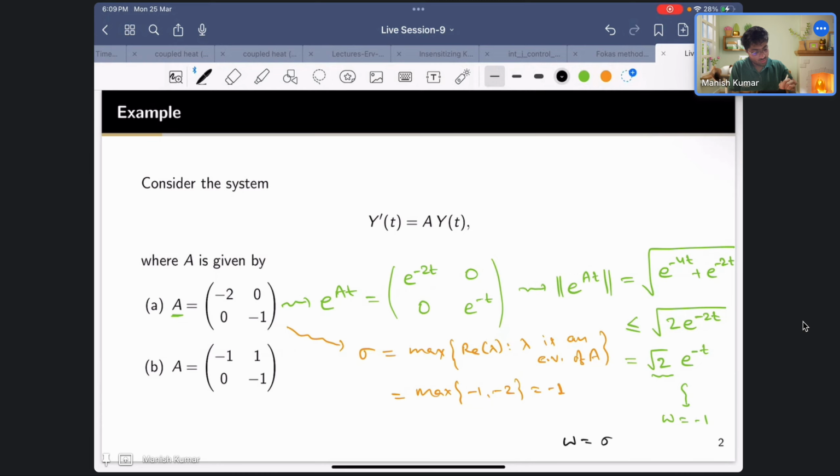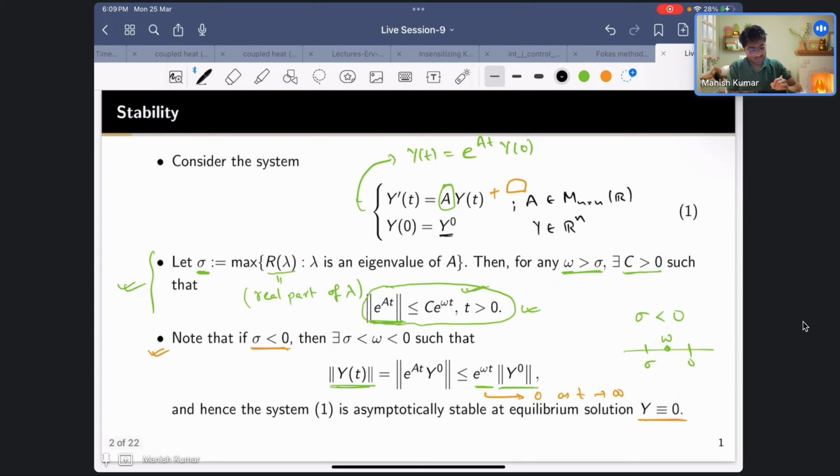Why I'm emphasizing this is because this omega is the decay rate. Suppose you have some f(t) less than or equal to e to the minus t, and there is another function g(t) which is less than or equal to e to the minus 2t. Both of them go to 0 as t goes to infinity.